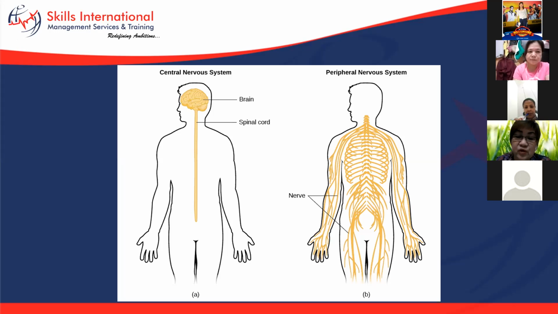These two together help us to sit, to stand, and to move. And to the right is the peripheral nervous system, those nerves within our body that sense. These are the sensory nerves.